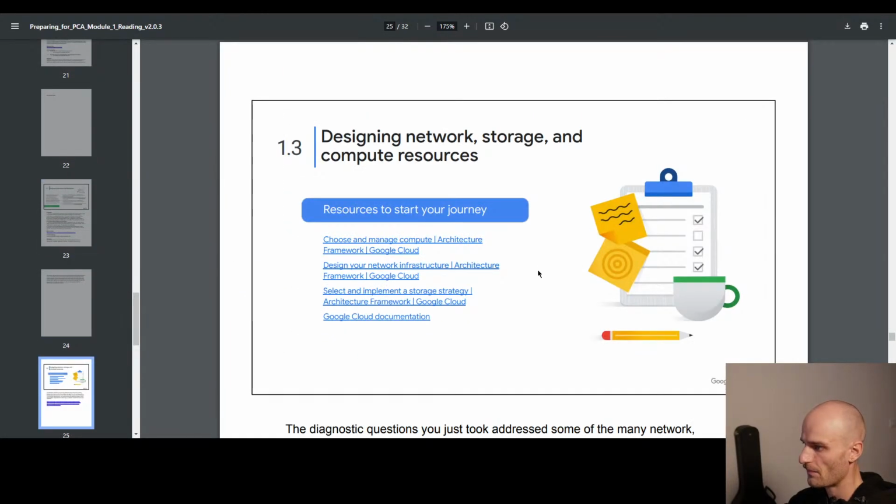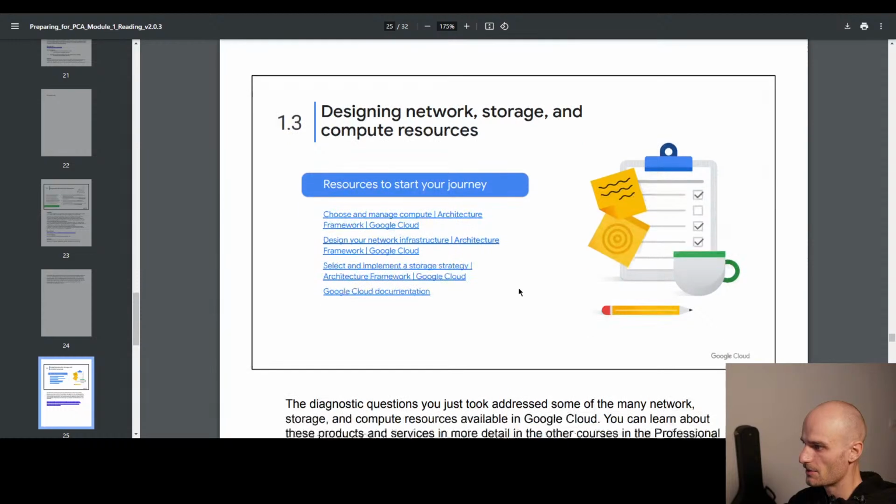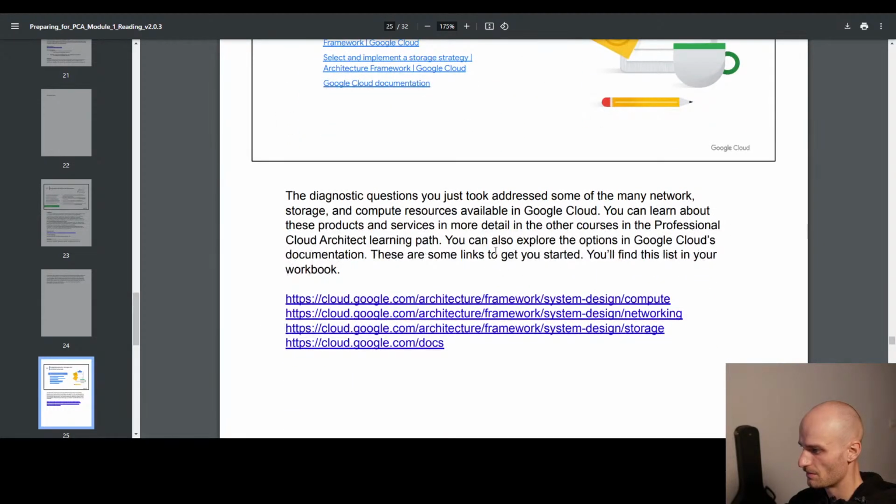Okay. So design network storage and compute resources. You can learn about these products and simultaneously course in the profession. Oh, you can also explore the option of documentation.